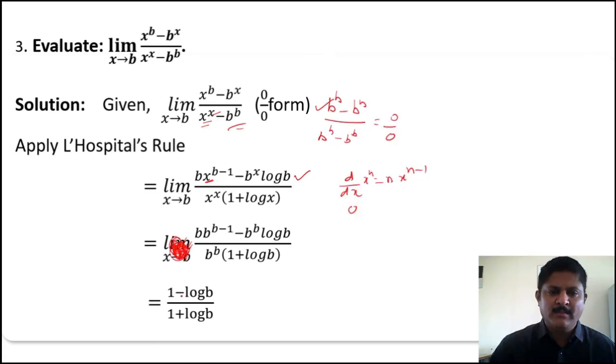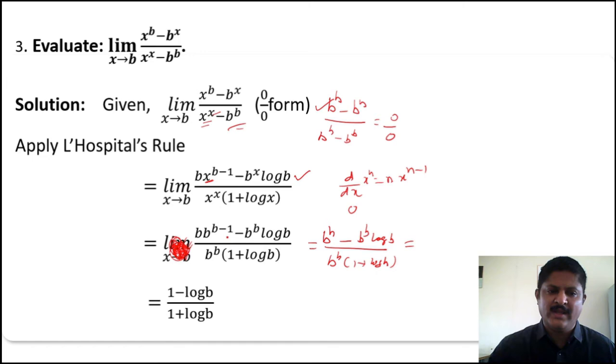Here b power b minus 1 into b equals b power b, so b power b minus b power b into log b divided by b power b into 1 plus log b. Take b power b as a common factor in the numerator and cancel. We get 1 minus log b divided by 1 plus log b. This is our limit value.